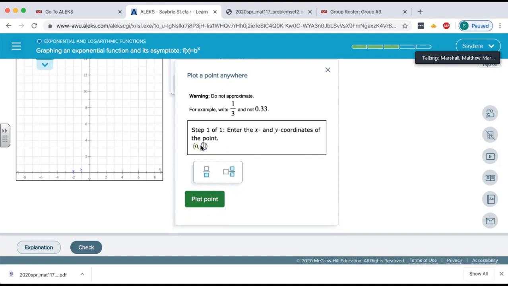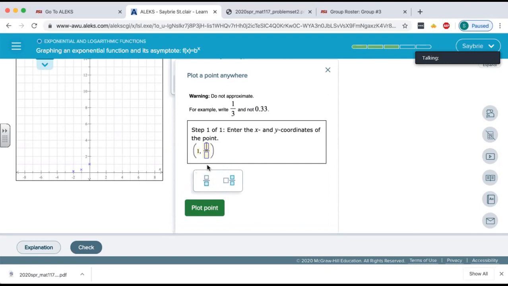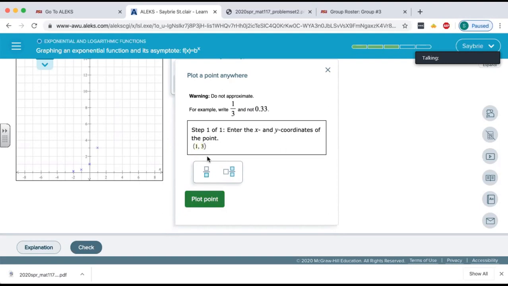Always 1, there you go. If you plug in 1 into 3 to the x power, that would just give you a plain old 3, right? There you go.